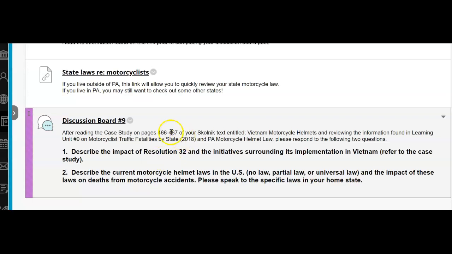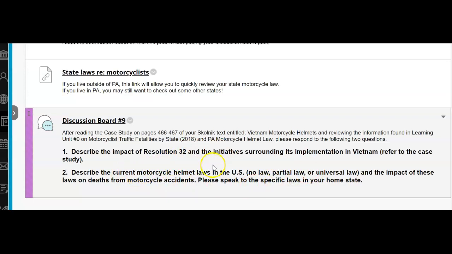And again, that is on pages 466 to 467 of your Skolnick text. And describe the current motorcycle helmet laws in the U.S. and the impact of these laws on deaths from motorcycle accidents. Then please speak to the specific laws in your home state.